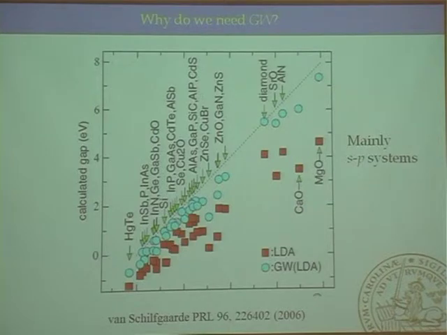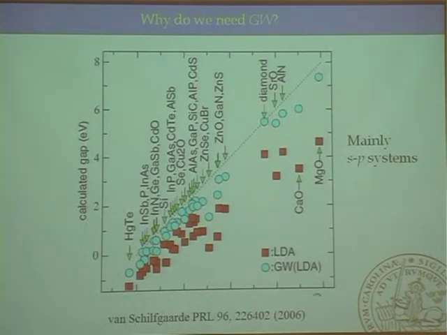The agreement is not just qualitative, but very precise quantitative agreement. Approximately the error is about 0.1 eV. So you can get accuracy of about 0.1 eV when you calculate the band gaps in these systems. These are mainly sp systems.